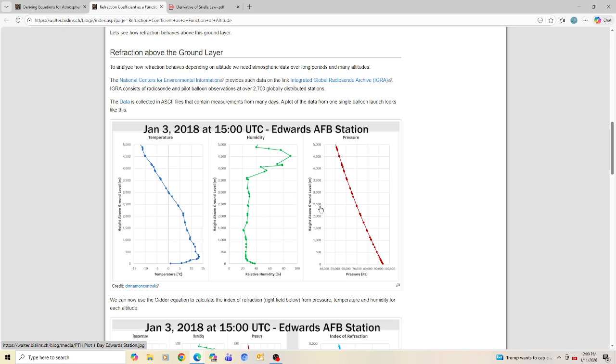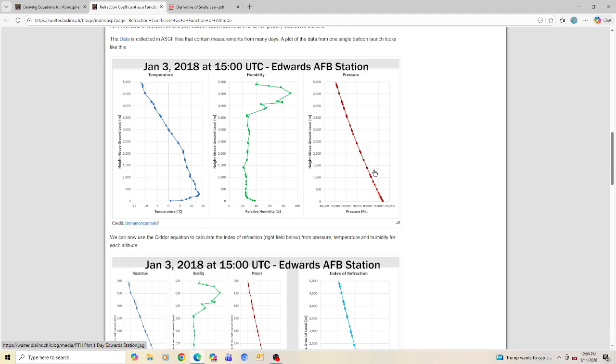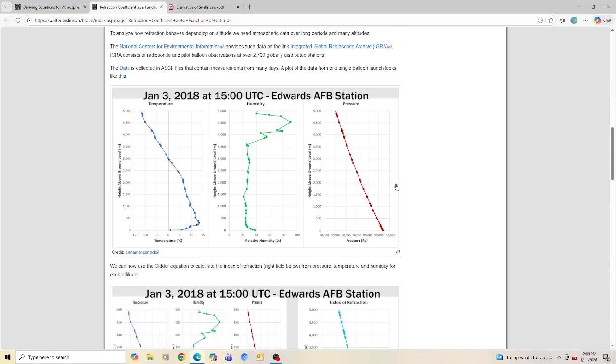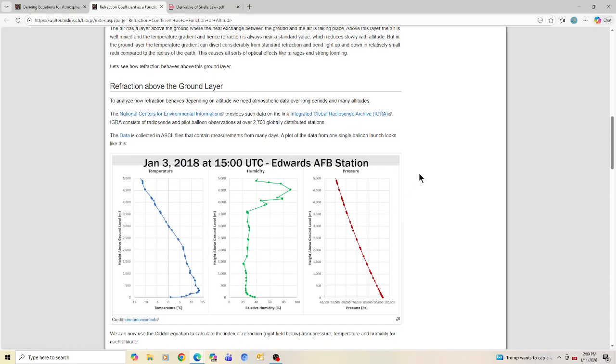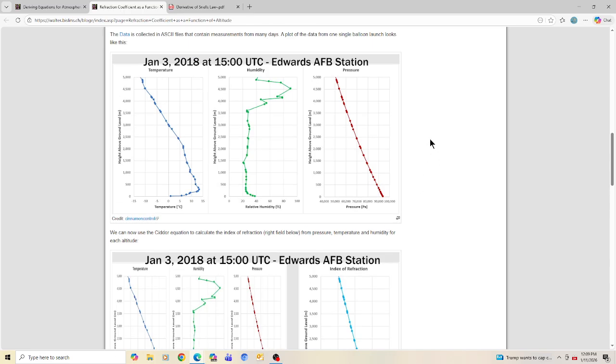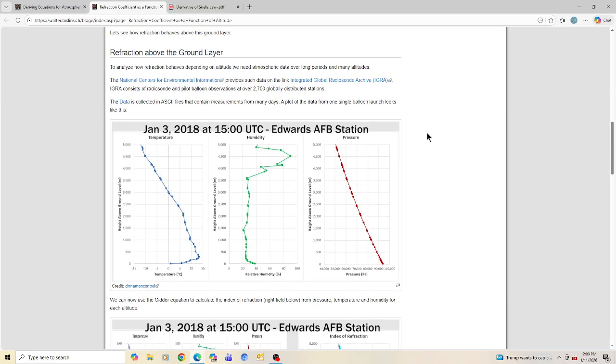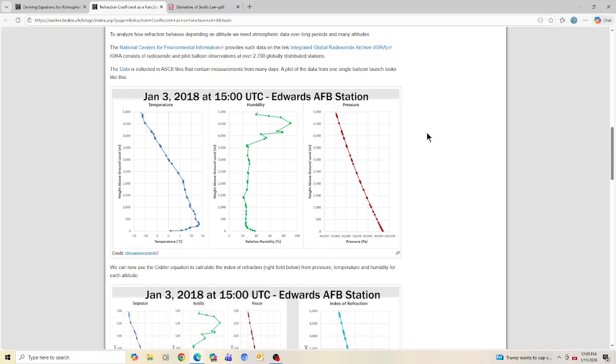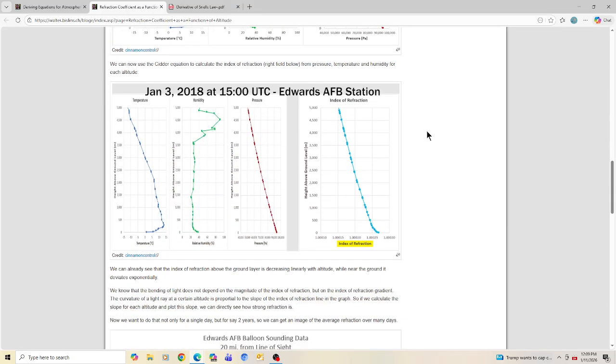And from the temperature, humidity, and pressure readings, these can be applied into the Sidor equations to generate a value for index of optical refraction. Again, this shows the conversion in the end, if this information has been put in properly.